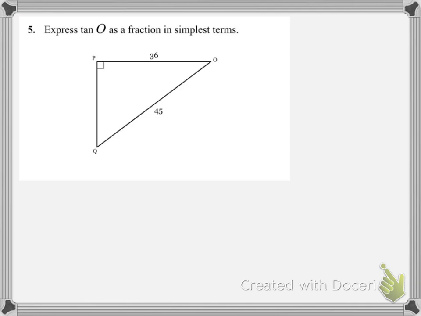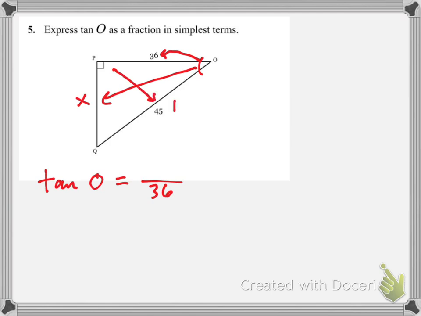All right, tangent of O. So here's O. So I've got opposite. Uh-oh, I don't have opposite. Over adjacent. Well, I do have adjacent, 36. So once again, I have to use Pythagorean theorem. Well, 45 is my hypotenuse.